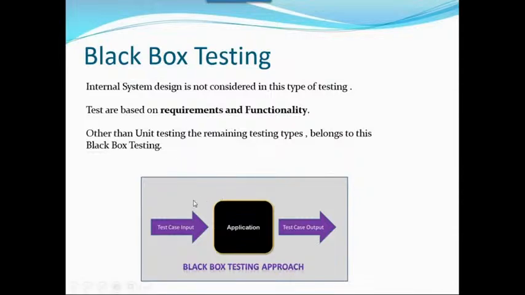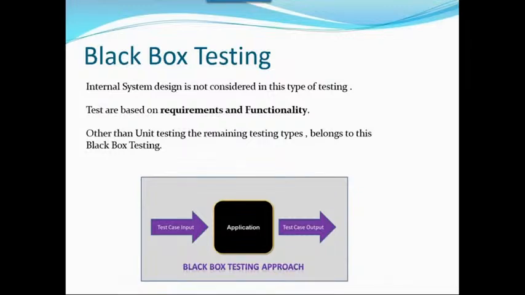Black box testing is done by the QA; we never see any code. The test is always based on requirements and functionality. These two are very, very important. We need to test the application based on the requirements and the functionality.